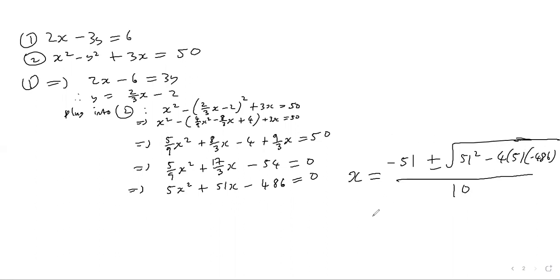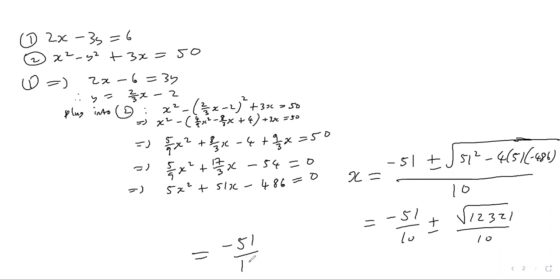So we get minus 51 over 10 plus or minus the square root of 12321, all divided by 10. If I square root 12321, I get 111. So I get minus 51 over 10 plus or minus 111 over 10.